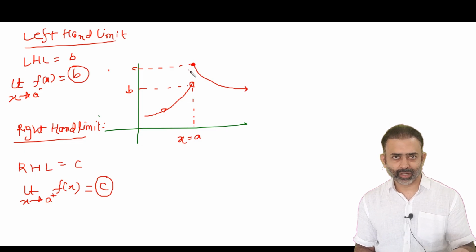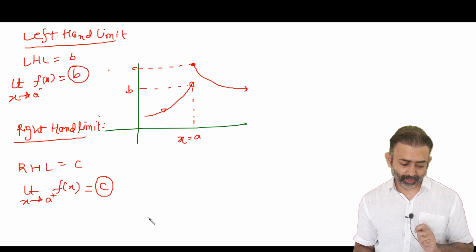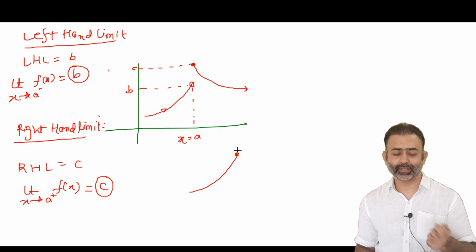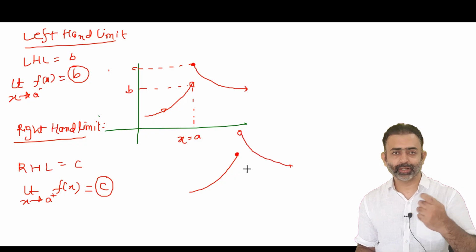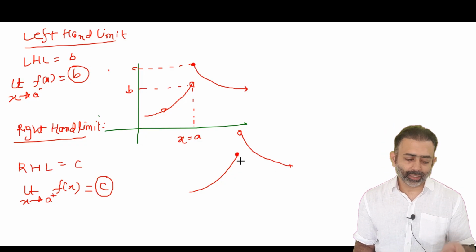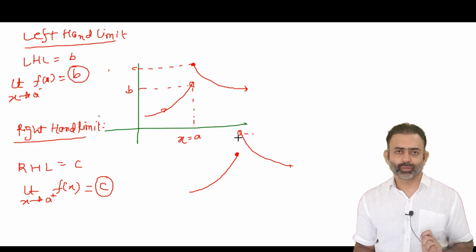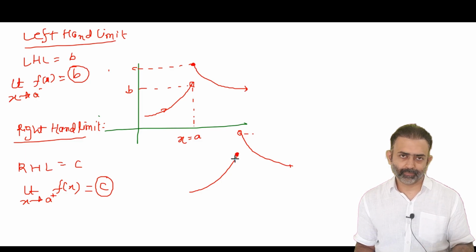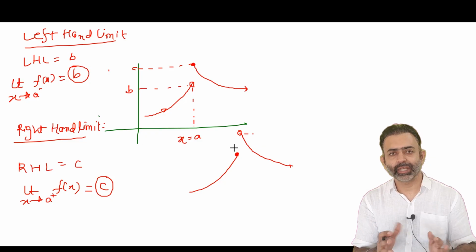There can be another graph also where the value of the function at point A can be defined to be equal to B, meaning the second type of graph can be like this also, that it is at B now, the solid filled circle at B and then an open circle at point C. So again the left hand limit will come out to be B, the right hand limit will come out to be C, but this time the value of the function is below C, or you can say at B. But as far as the concept of limit is concerned, both the limits are not equal.